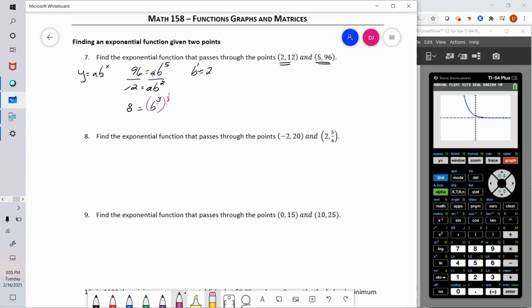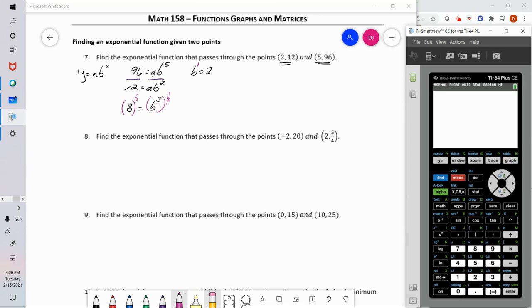But if I raise the right-hand side of the equation to 1/3, I need to also raise the left-hand side to the 1/3 power. I'm going to come to my calculator and simply do 8 to the 1/3 power. And that would be 2. So b equals 2. So it's good to be able to see some of these and know them.